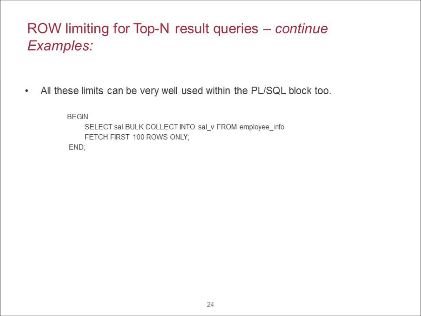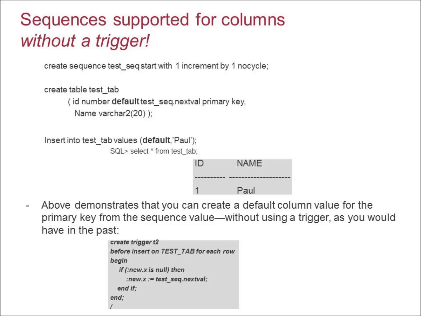So now let's look at sequences supported for columns without triggers. As you know, in the previous releases, every time we wanted to generate a unique number automatically, we had to create the sequences and then use some sort of SQL or PL/SQL, or programmatically populate those values using triggers.